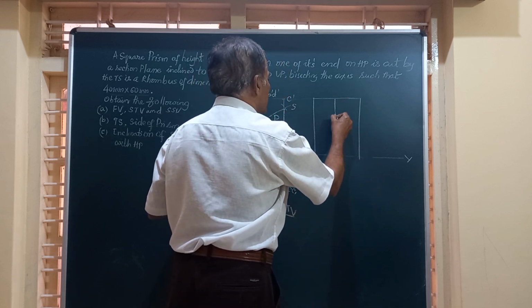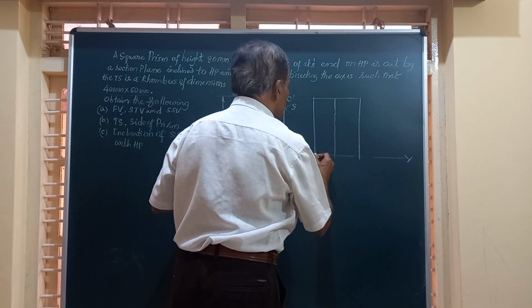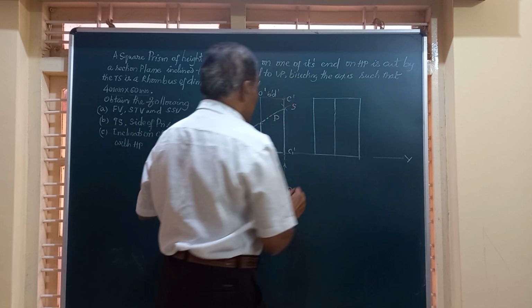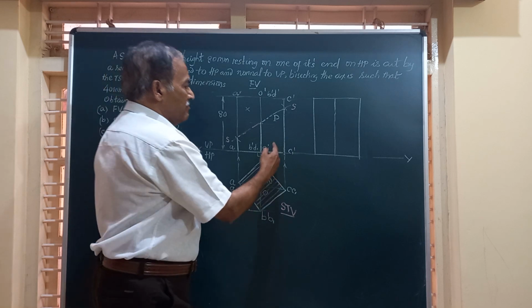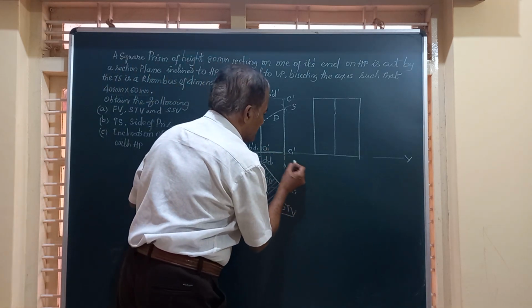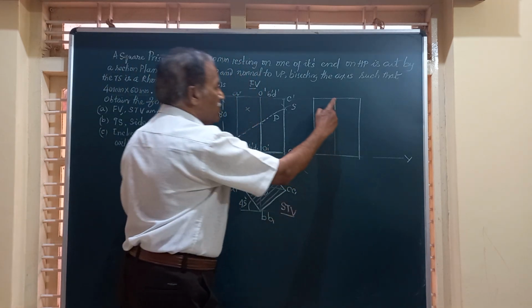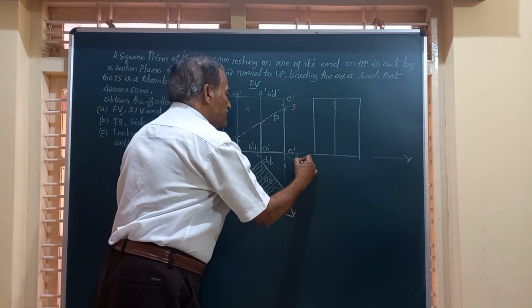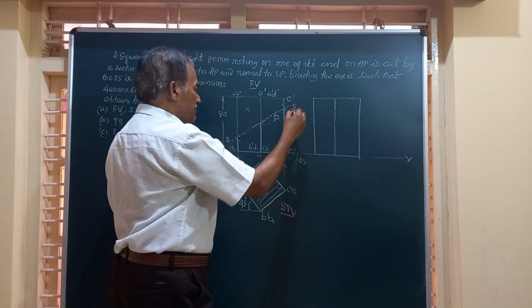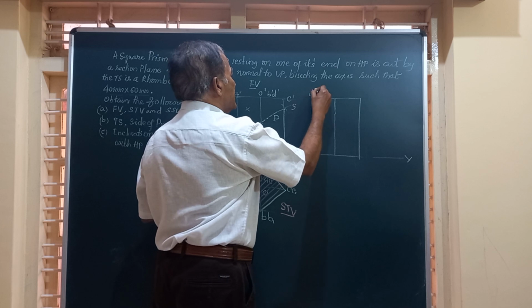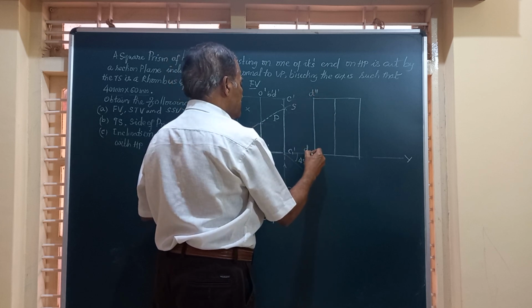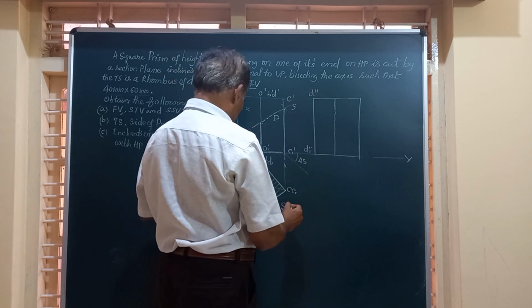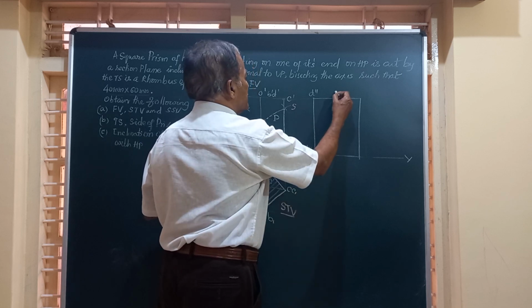So let us assume that it is not cut by any section plane and then transfer all these points by having a line drawn at 45 degrees here. We can obtain all these. So friends, this line represents D double dash, D1 double dash. Next is A double dash, C double dash.